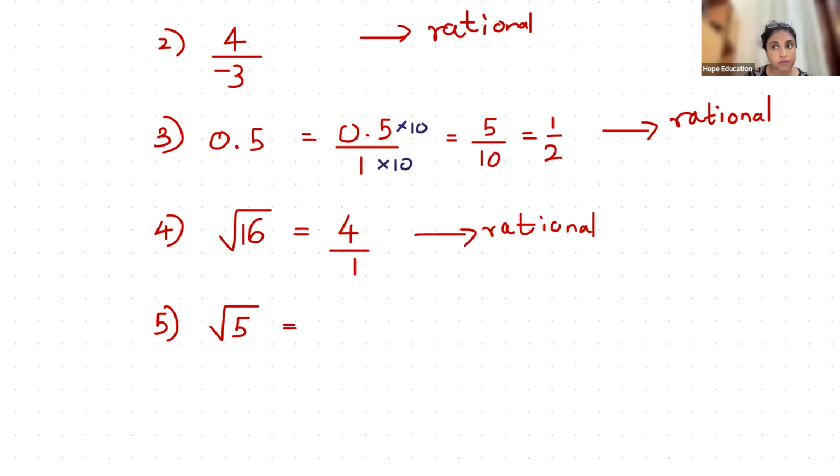This is not a perfect square, right? Root of 5 is not a perfect square. If you simplify it, you get something like 2.236, and the value keeps going on and on and on. So we cannot represent this properly as a fraction, because the value is never ending.